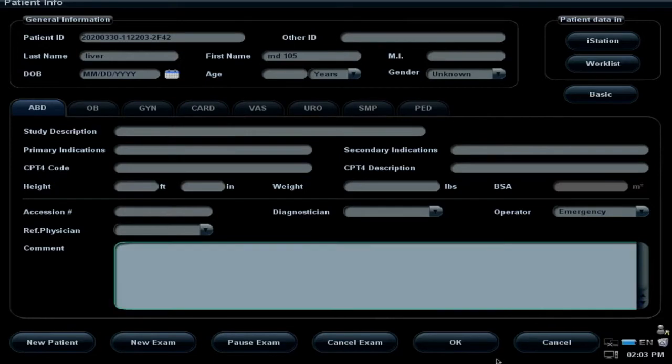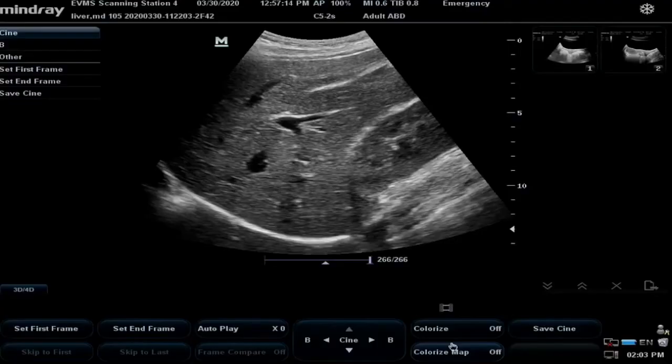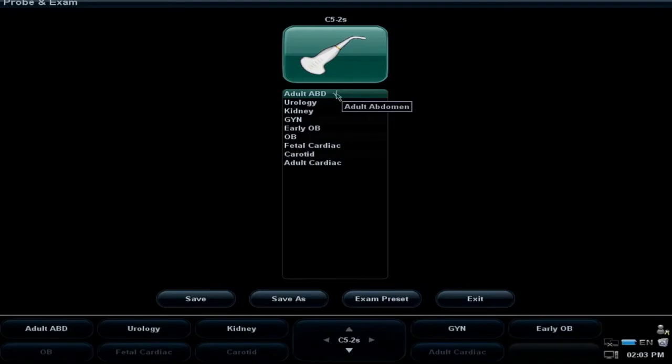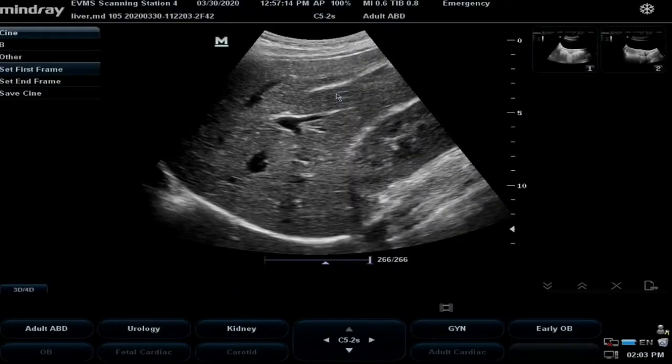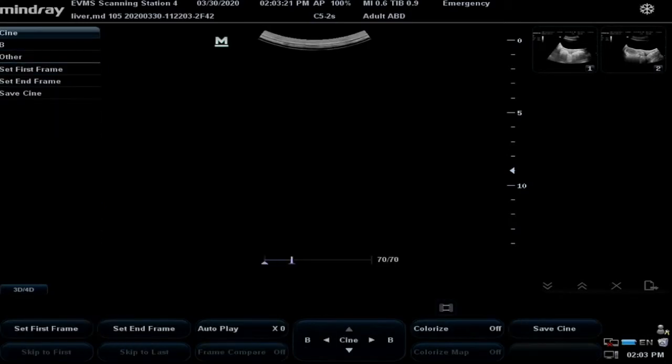And then I'm going to come down with my trackball to OK, and I'm going to hit set. I'm going to then come to my exam button and make sure that I'm still on the abdomen preset. And now our machine is ready to go.